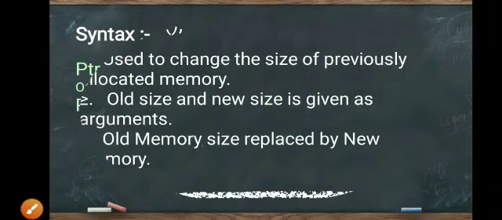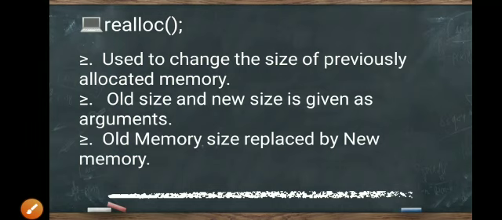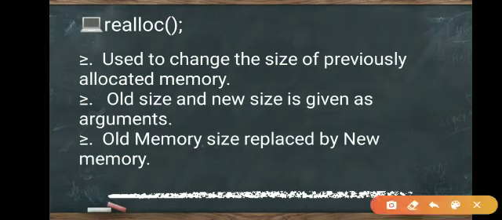See the next function, that is the realloc function. It is used to change the size of previously allocated memory. Whatever memory we have allocated in the malloc or calloc function, if that is not required, meaning that is insufficient for any purpose. So let's take the example of a hospital.